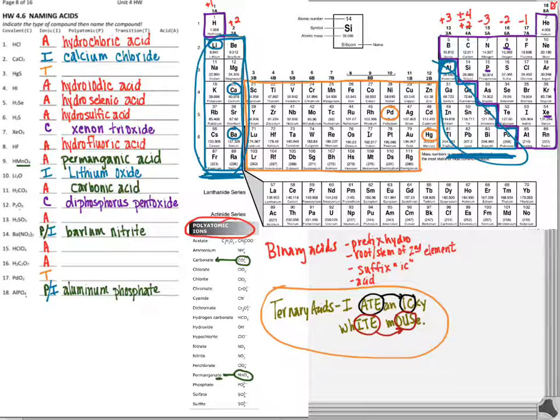I look at number 13, SO3. SO3 is sulfite. So ite will be changing to, according to my little thing, ous. So in this case, it will be sulfurous acid.